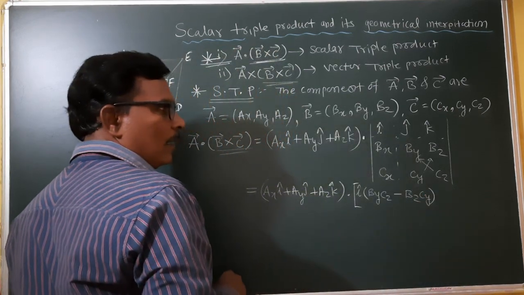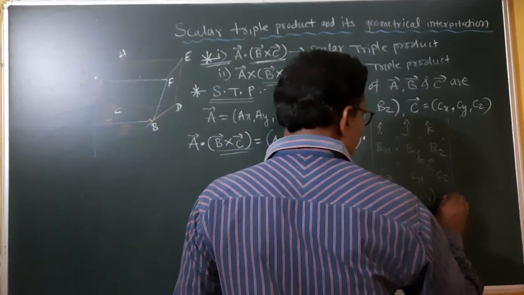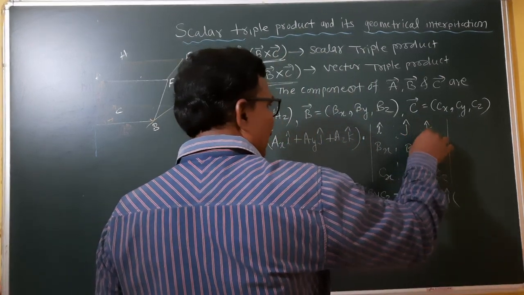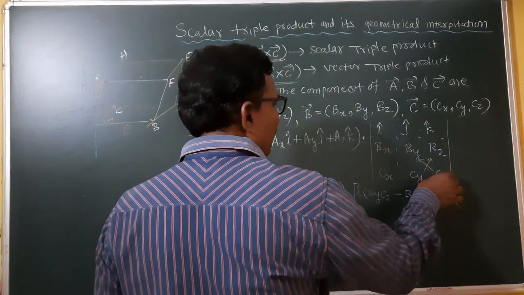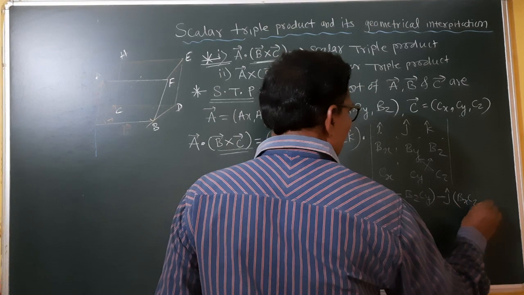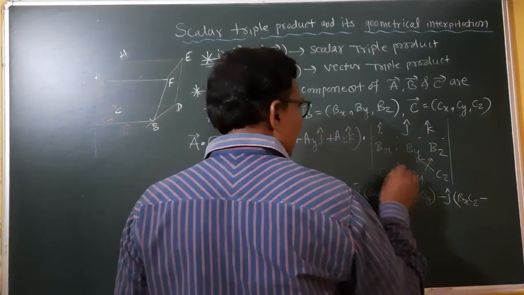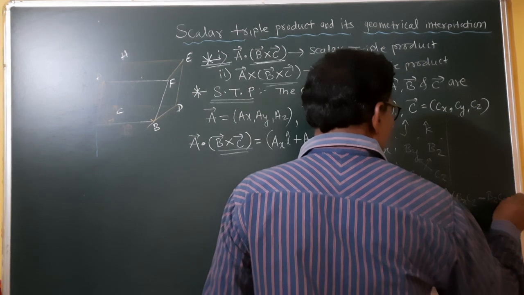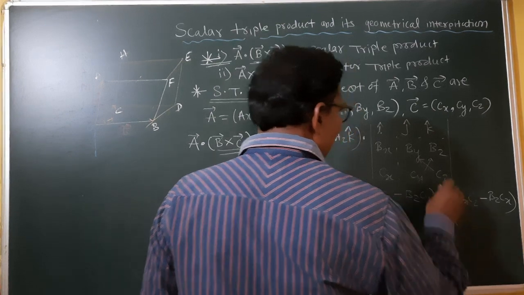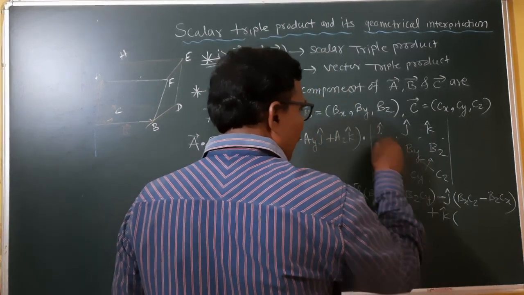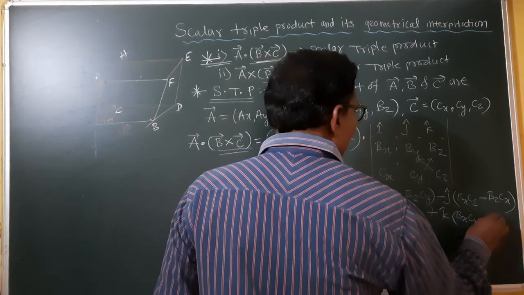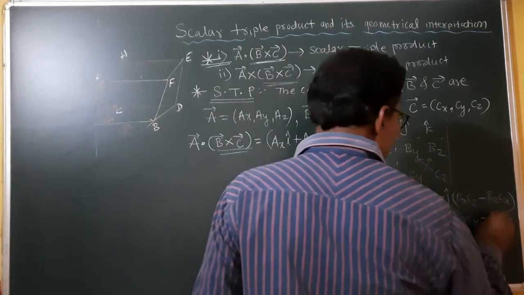This is the first component. The second term carries a minus sign: minus J cap into the bracket, Bx Cz minus Bz Cx. And the third term is plus K cap into the bracket, Bx Cy minus By Cx.